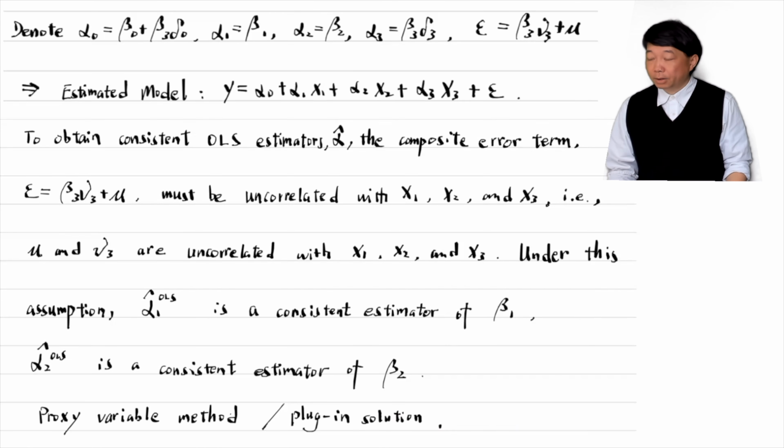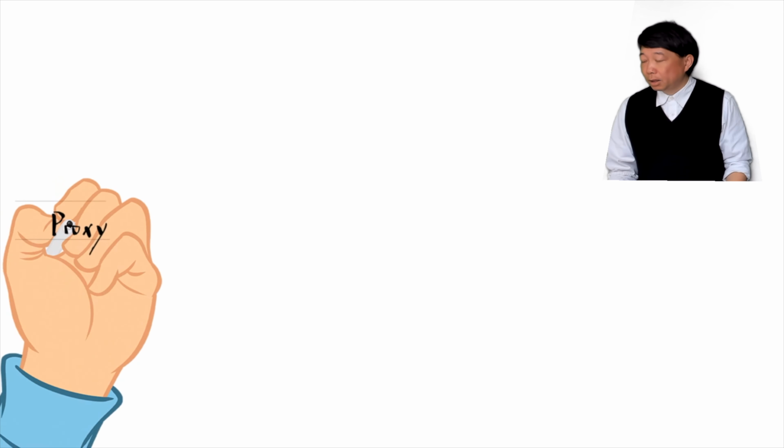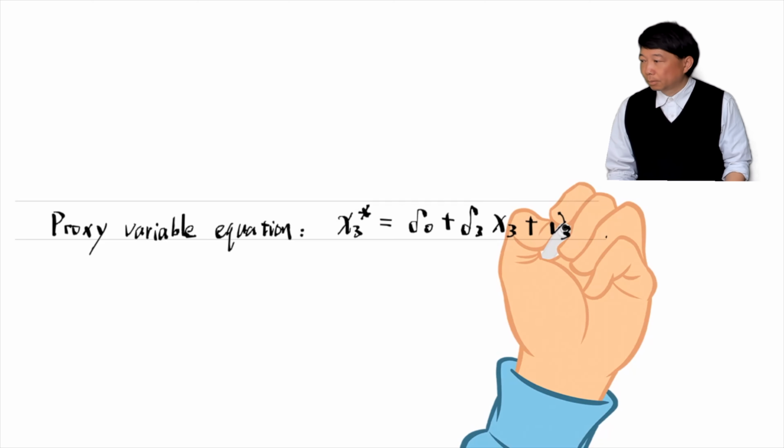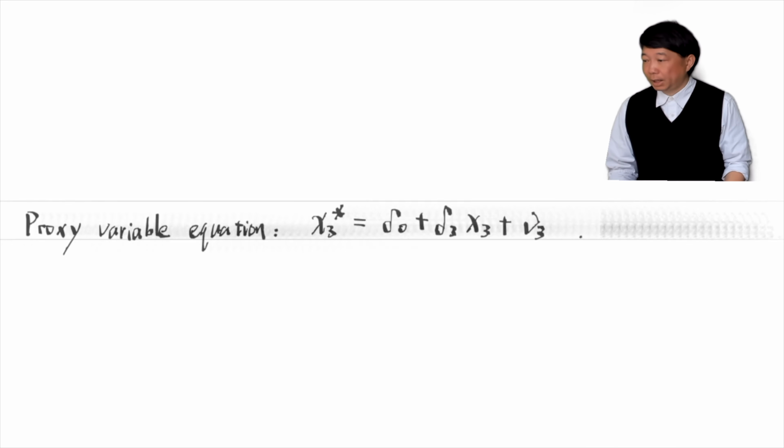Since x1 and x2 do not appear in the proxy variable equation, this indicates the assumption holds. If this is not the case, the proxy variable equation is as follows. After parceling out the effect of the proxy variable x3, the omitted variable x3 star is still correlated with x1 and x2.